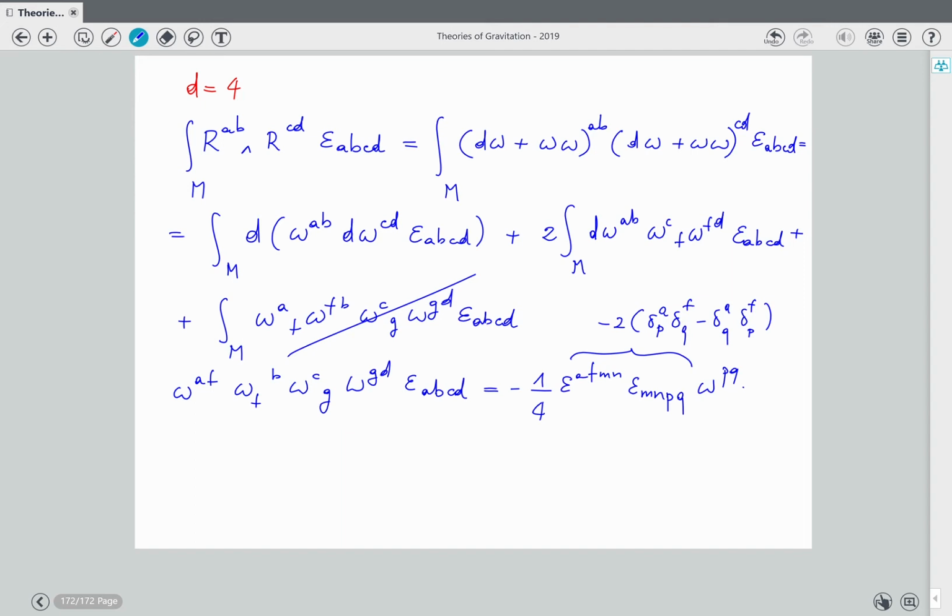And those two give omega AF both, so you have minus 4 omega AF times minus 1 over 4, which is okay. And then you copy the rest.